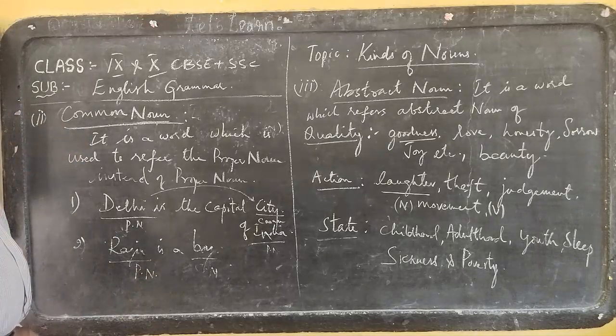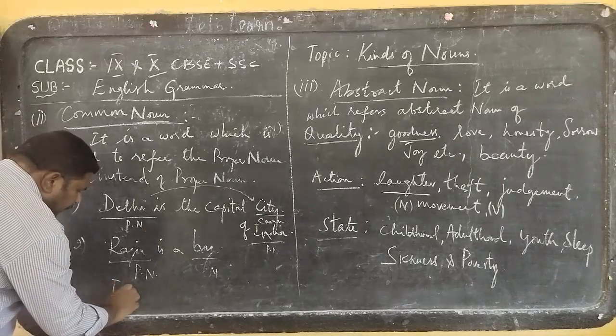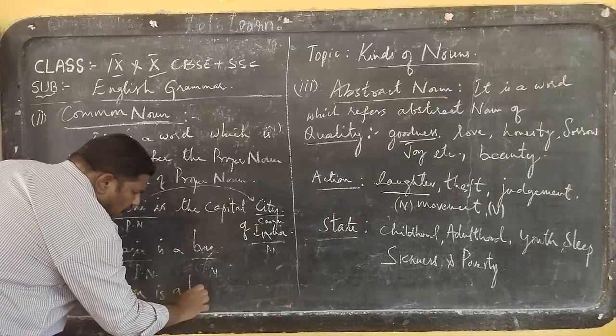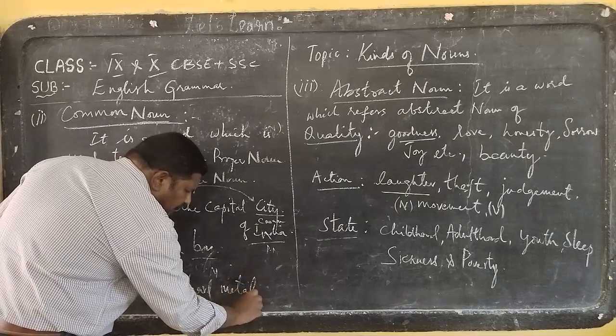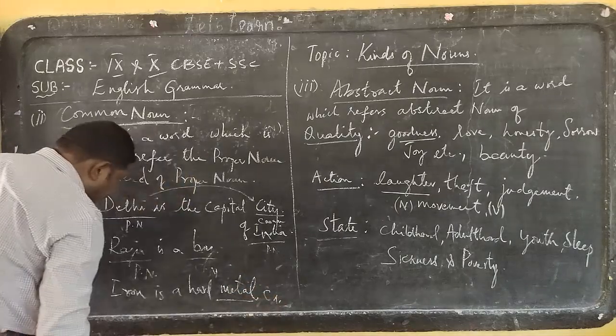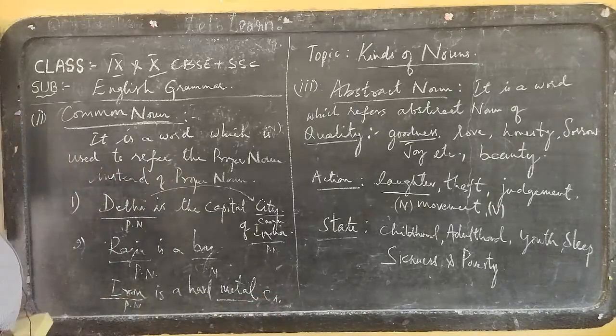So, now you must have understood. For example, I say iron is a hard metal. Now what is this metal? Metal, children, is a common noun, whereas iron is a proper noun.